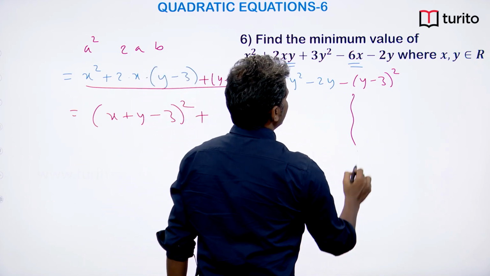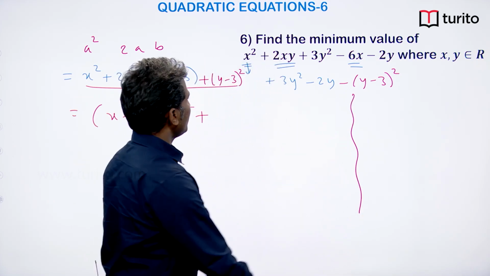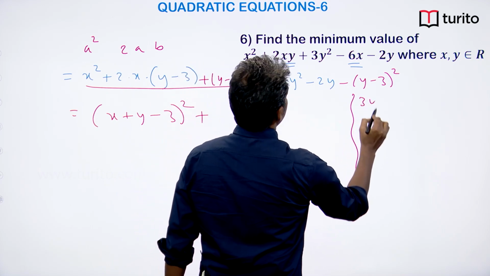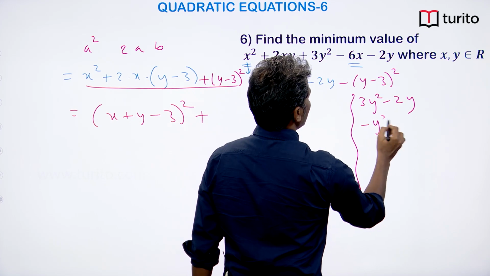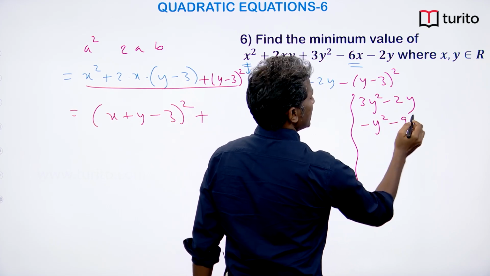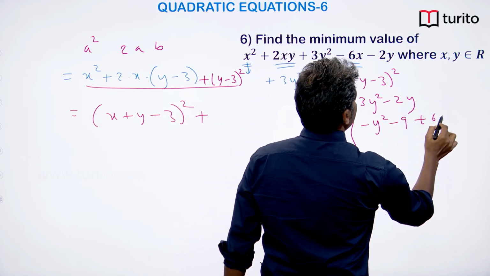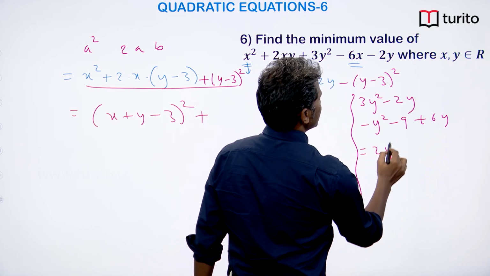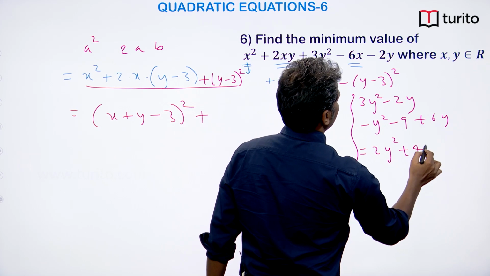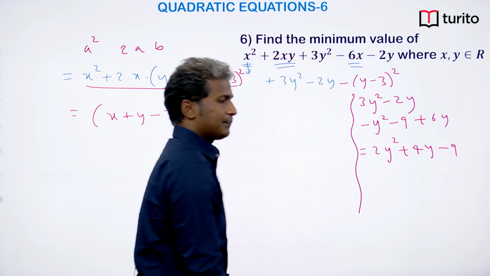Now, we need to understand the next terms. So, let us do some rough work and simplify this. So, here it is 3y square minus 2y, and let me expand this, I get minus y square minus 9 and plus 6y. So, this will come out to be equal to 2y square plus 4y minus 9.